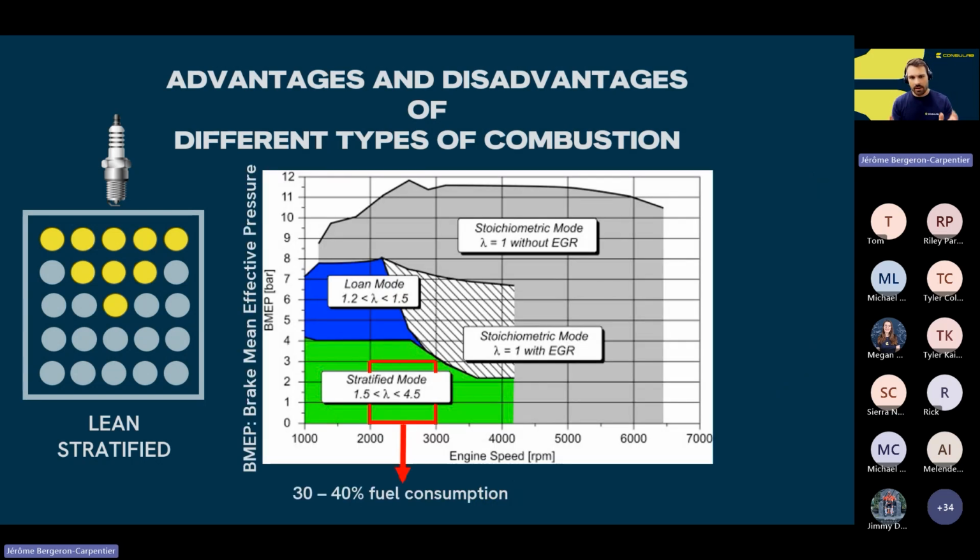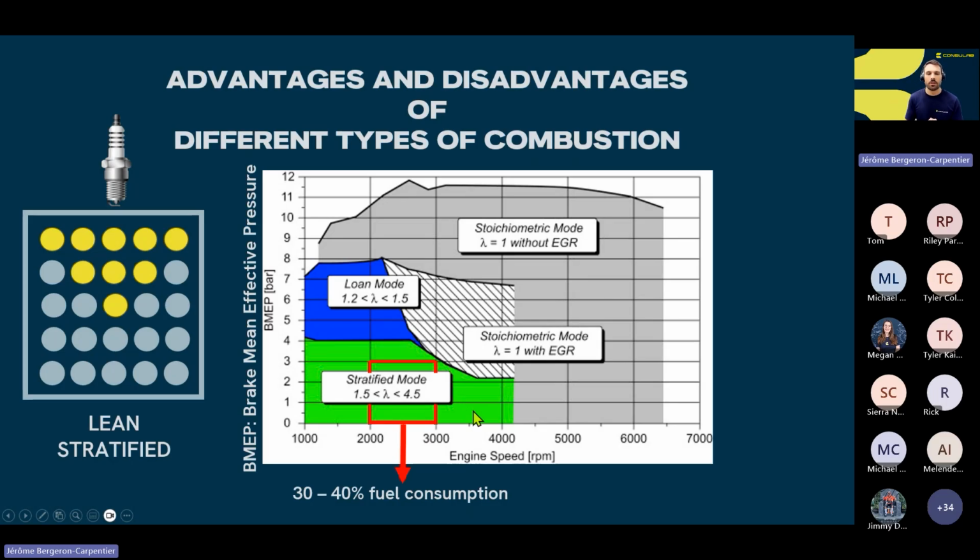If we look at that diagram here, we have those different zones where we have the stoichiometric mode without EGR. We also have that zone where the engine is in stoichiometric mode using the EGR. At the top here, we have the lean mode, and at the bottom in the green zone, we have the stratified mode.